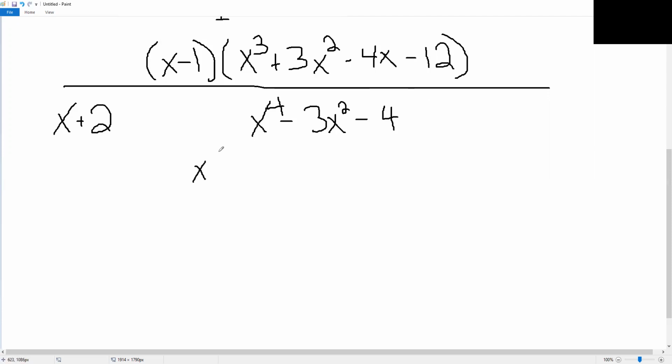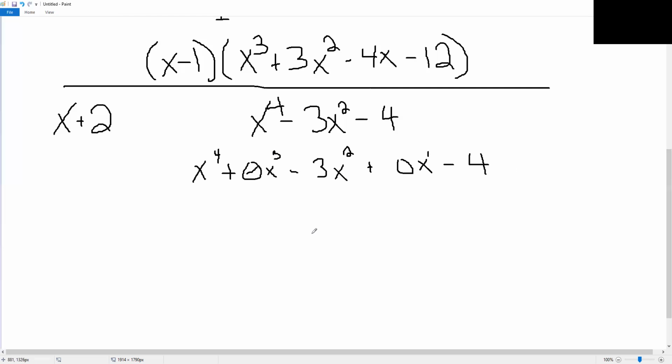You rewrite this to x to the fourth plus 0 x to the third, minus 3x squared, plus 0x minus 4. You see, I just filled in the missing 3 and the missing 1. This is x to the 1, basically.